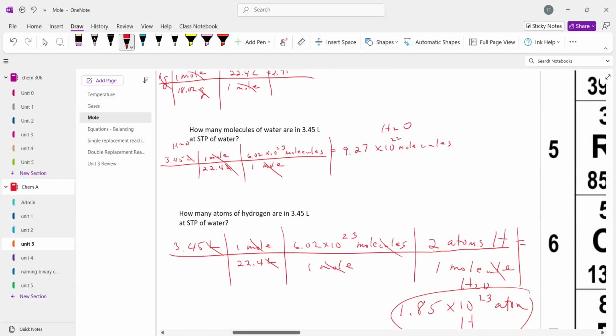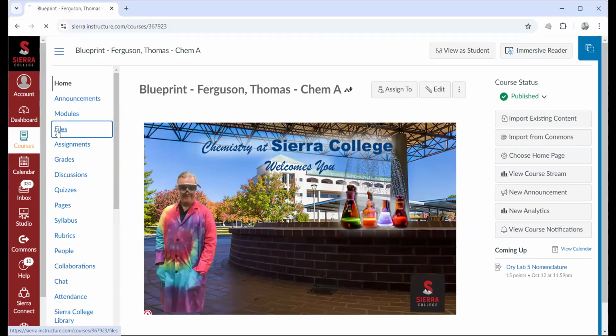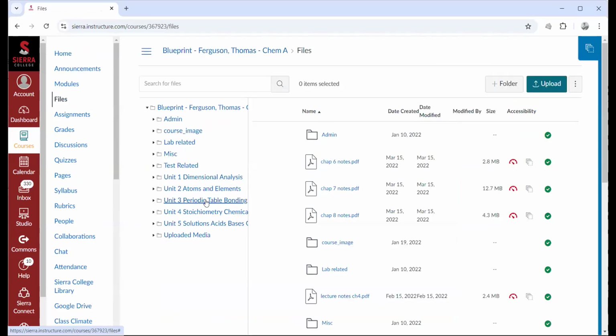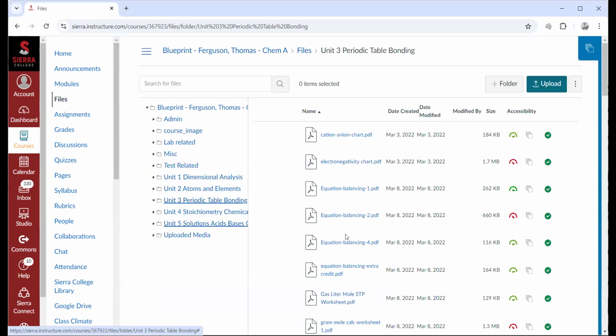Okay, so some of you may ask, well, how can we practice that? We go to Canvas, Files. Tomorrow we're going to talk about chemical equation balancing.